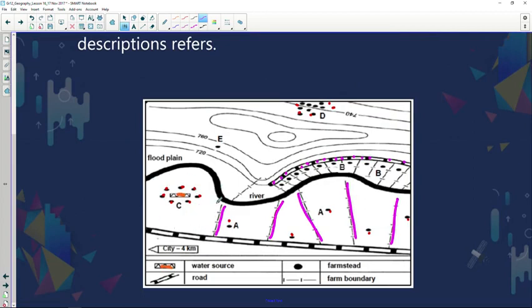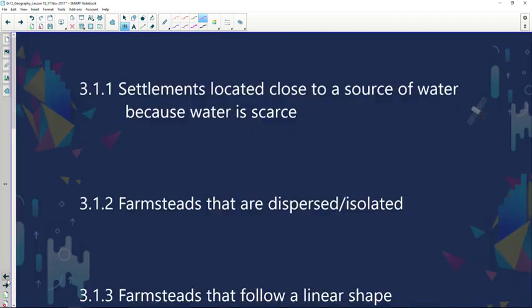So what happens? The people live close to the water, and that is known as a wet point settlement because it's scarce. If you look at settlement A, it's at the river, there's enough adequate water. So the correct answer for 3.1.1 is settlement C.